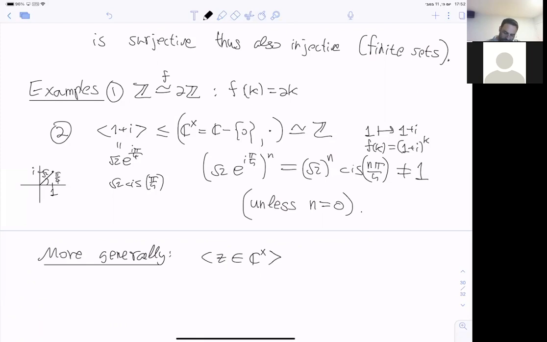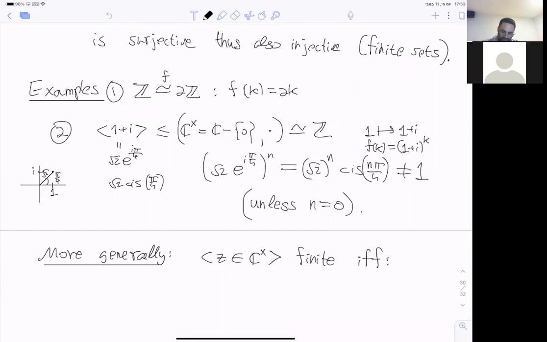This will be a finite group if and only if two conditions hold.